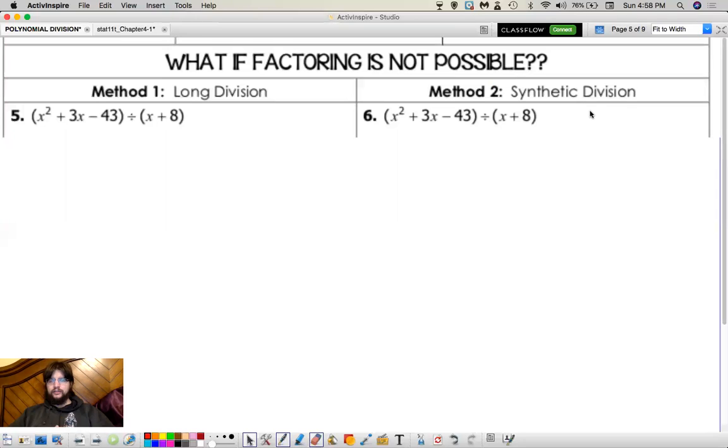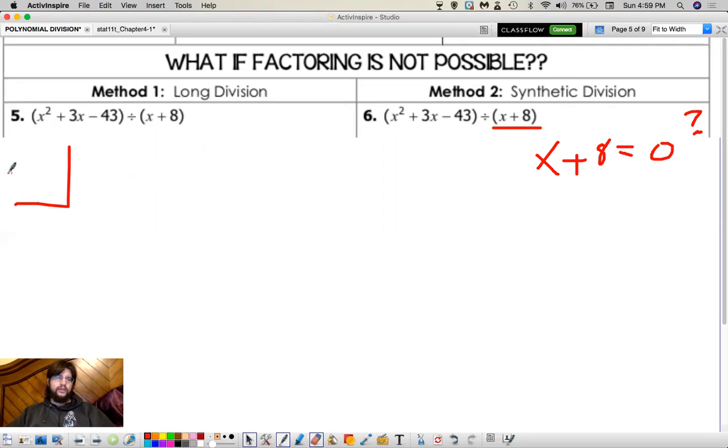For synthetic division, you must be dividing by a binomial, and you must figure out what makes your binomial divisor equal to 0. So, if I'm looking at this, this is x plus 8. What makes x plus 8 equal to 0? Well, negative 8, of course. So we're going to start by putting that in the box.